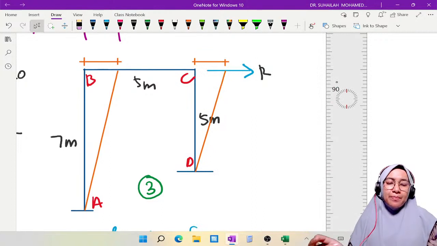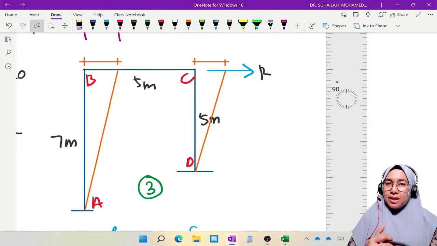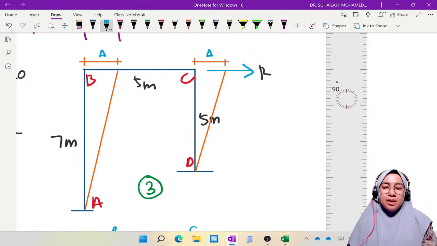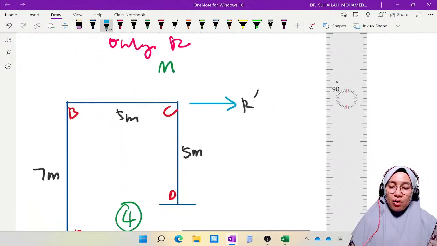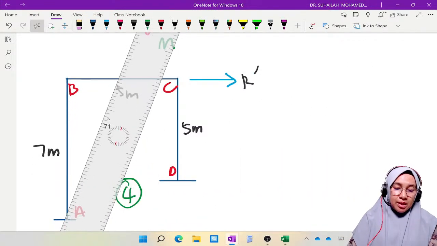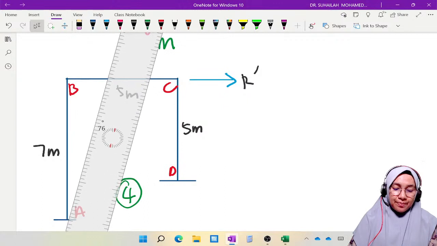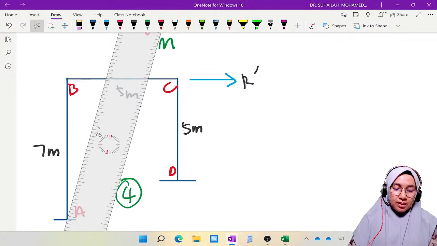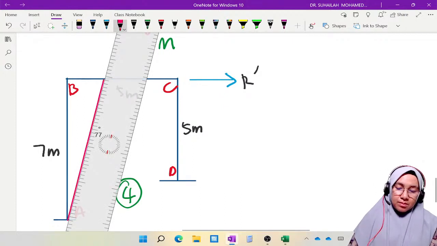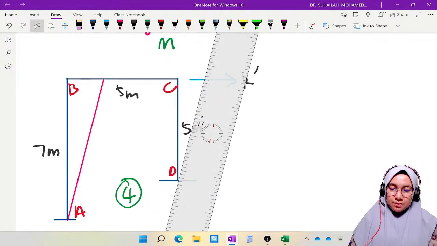Due to R prime, there is delta at B and C. It is equal delta. So this is delta, and this is also delta. So in diagram number 4, due to R prime, there will be delta prime, like this.